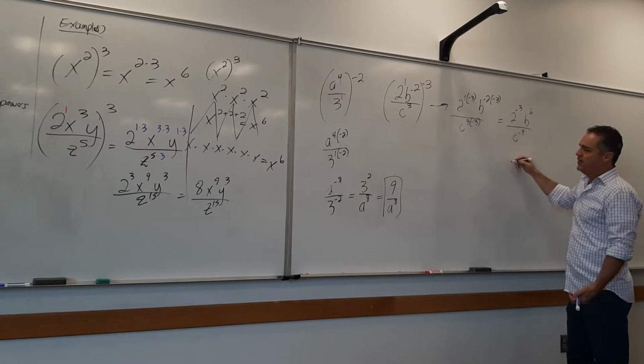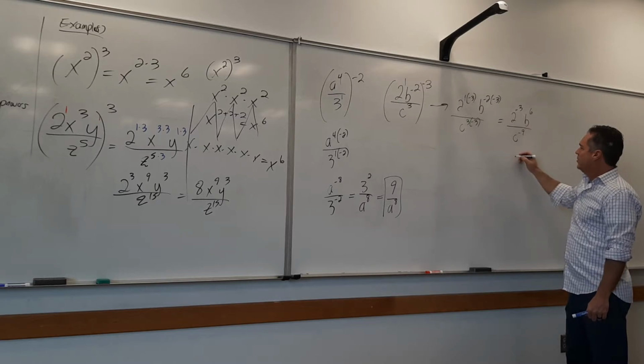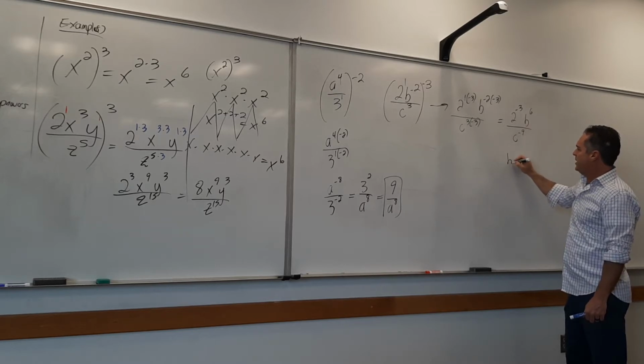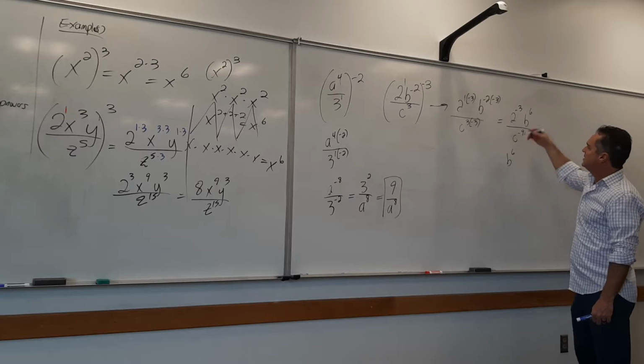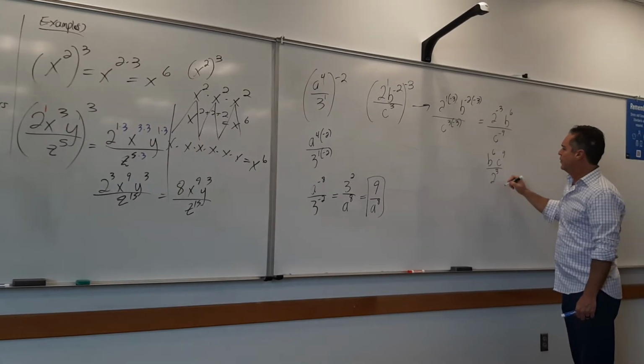What about b to the 6? b to the 6 is going to stay there. It doesn't have a negative exponent, so it gets to stick around. So we're going to end up with b to the 6th, c to the 9th comes up to the top, okay, over 2 to the 3rd goes down to the bottom.